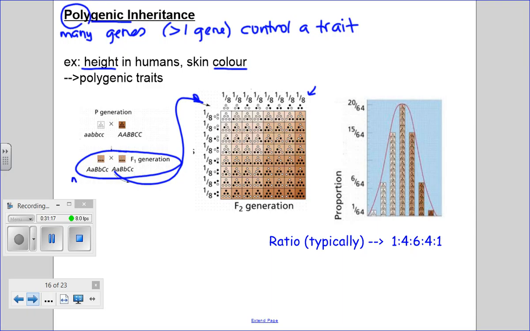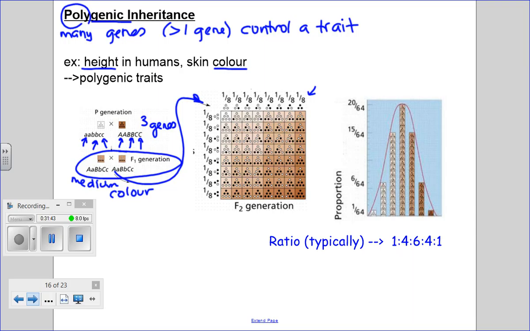Both of these parents have medium colored skin. So neither of them has particularly dark or particularly light colored skin. But depending on their genotype, for 3 different genes, A, B, and C, there are a lot of possibilities for their offspring.